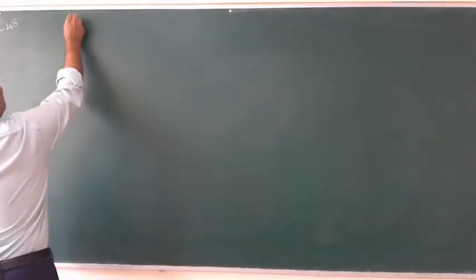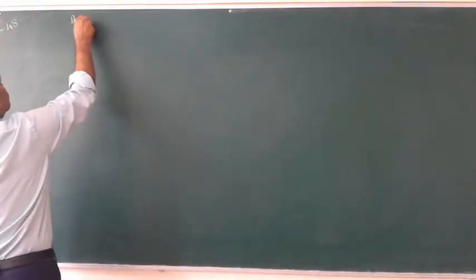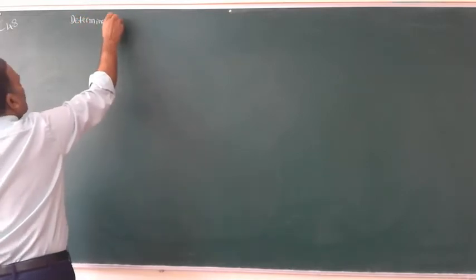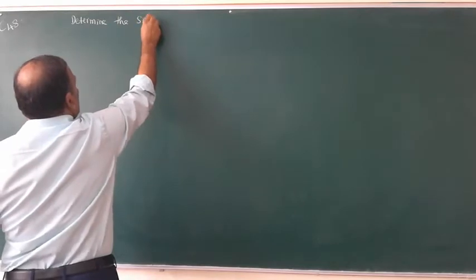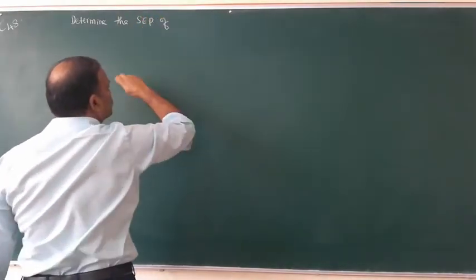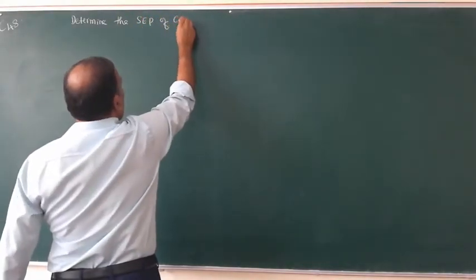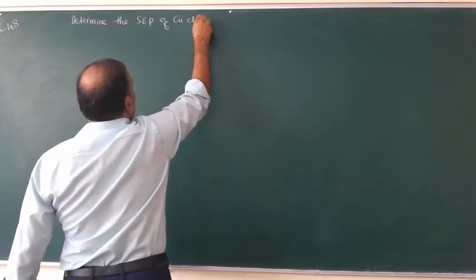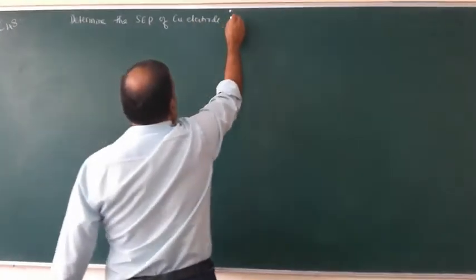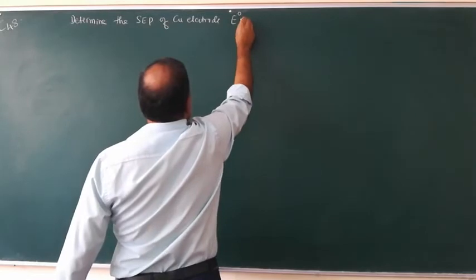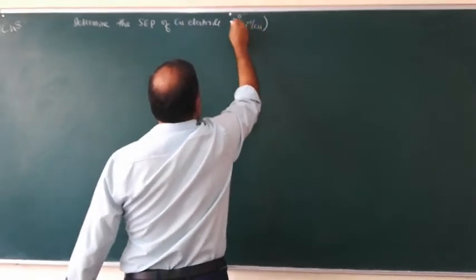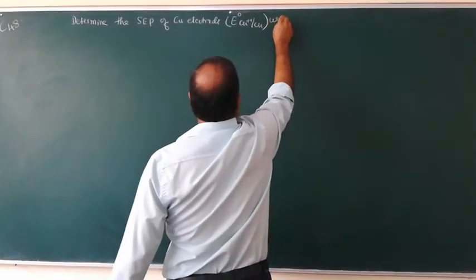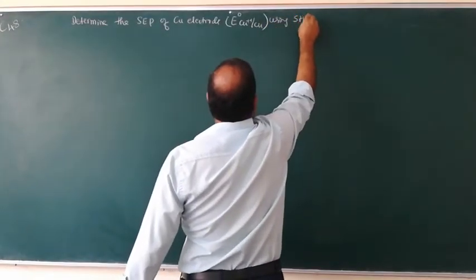So next, determine the standard electrode potential of the copper electrode, that is E0 of Cu2+|Cu, using SHE.